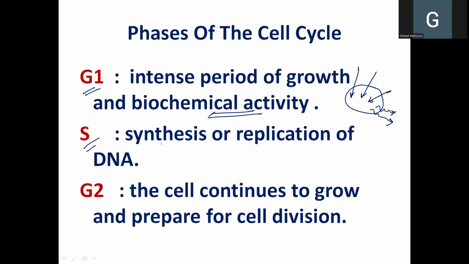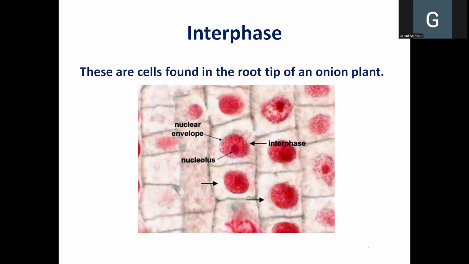And then S, where we have synthesis of new sister molecules of DNA. So it is actually the phase of replication of DNA. And then we have G2, where the cell continues to grow. And at the same time, there is a double check for the status of the DNA molecules and the chromosomes. So here we double check before going into mitosis.